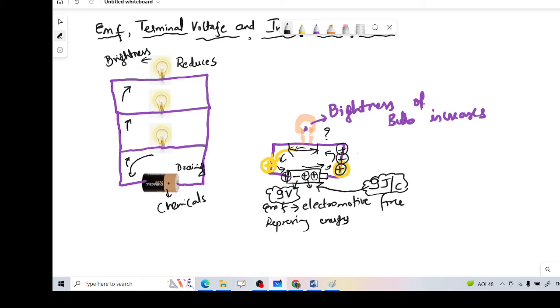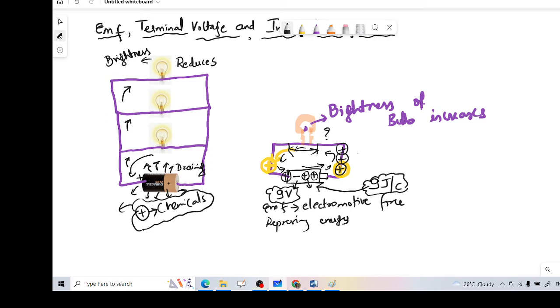Whenever the positive charges move inside this battery cell, they make contact with the chemicals. Because a frictional force develops, a large amount of heat is produced here.